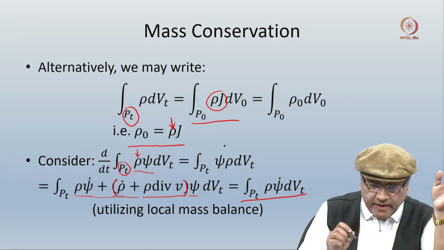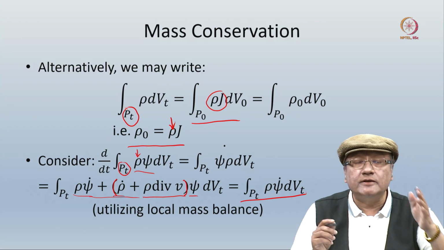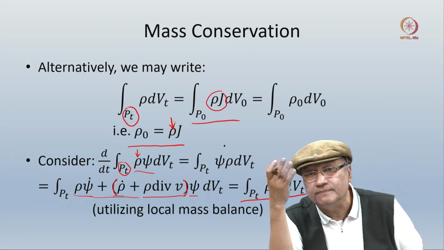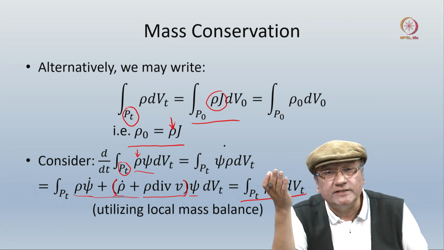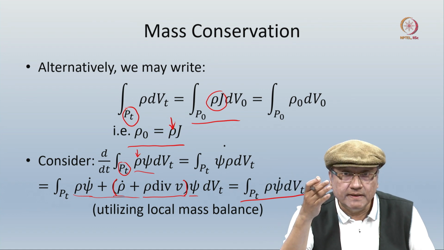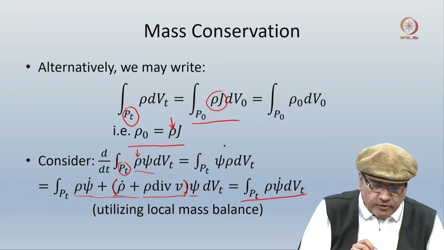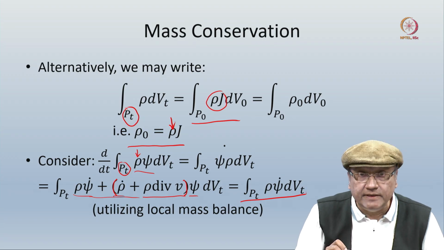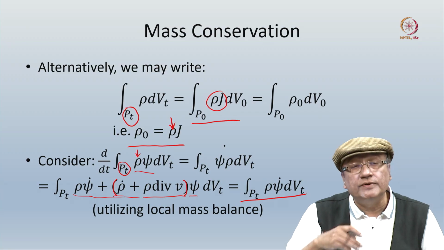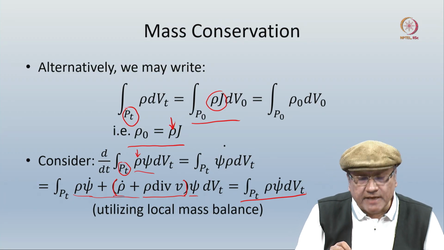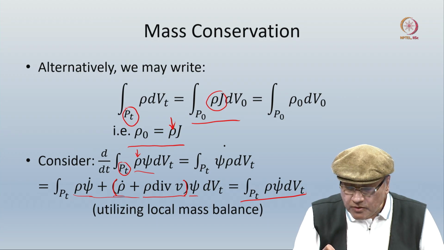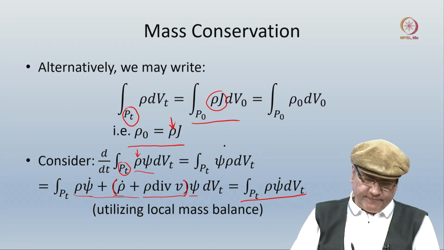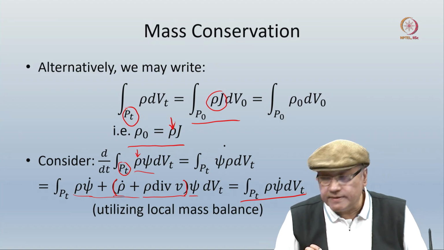Whenever rho is multiplying a field psi, these fields are typically called specific something, either the specific energy or specific heat or something like that. If rho multiplies some other field inside the integral over the spatial volume, and there is a time derivative outside, you can simply bring it in and replace psi by psi dot, that is it. So it is a very simple thing provided the mass balance is satisfied.